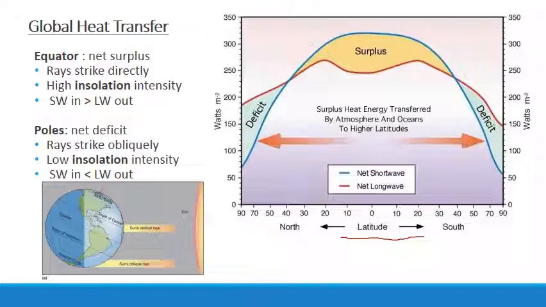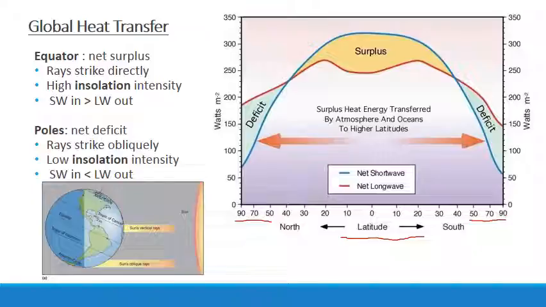Closer to the poles, you can see an area labeled deficit, so 50 through 90 degrees north and south. Here, the angle of incidence is lower, so that the sun's rays strike the Earth more obliquely and with less intensity. Long-wave energy leaves the system here in higher amounts than short-wave energy can enter.